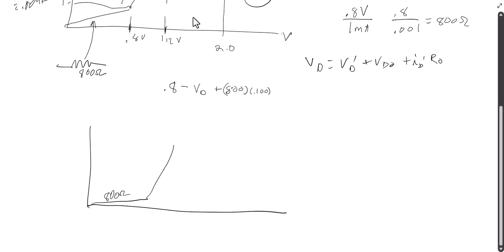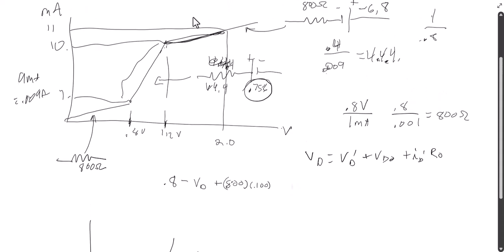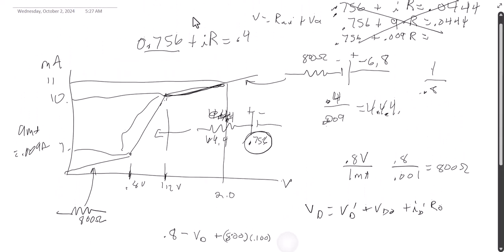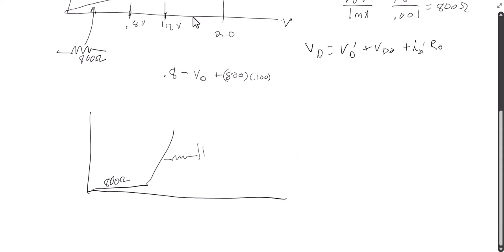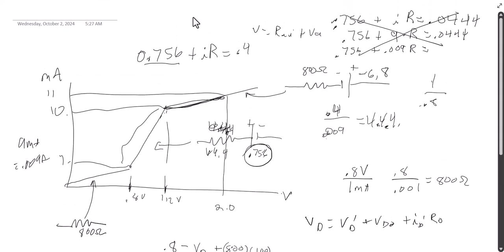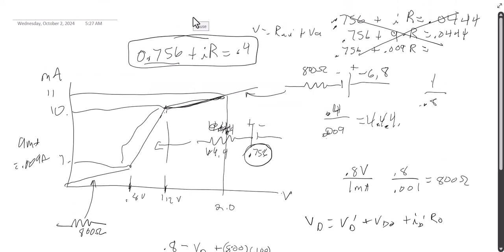This part is going to be the operating region, and that's going to have a positive voltage source and a resistance. The positive voltage source is going to be the value of 0.756, and then you can do 0.756, like we did up here, plus IR equals 0.4.